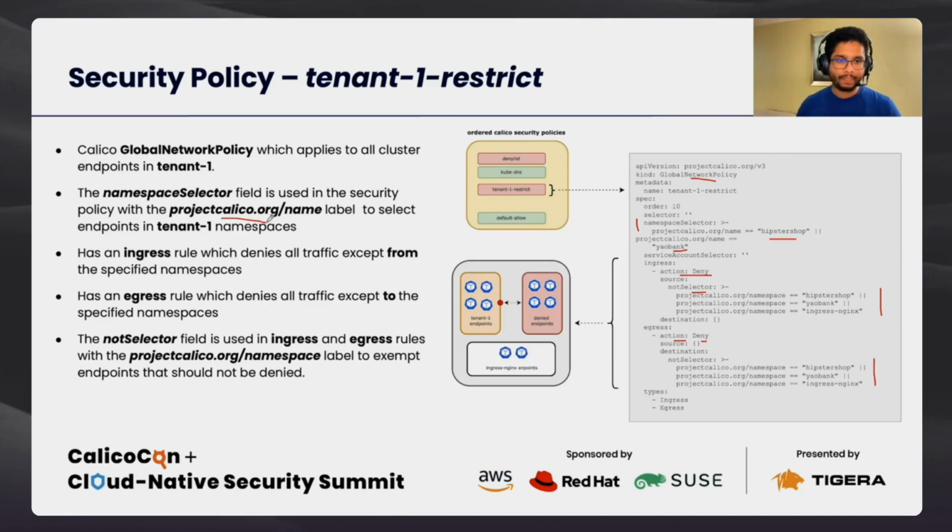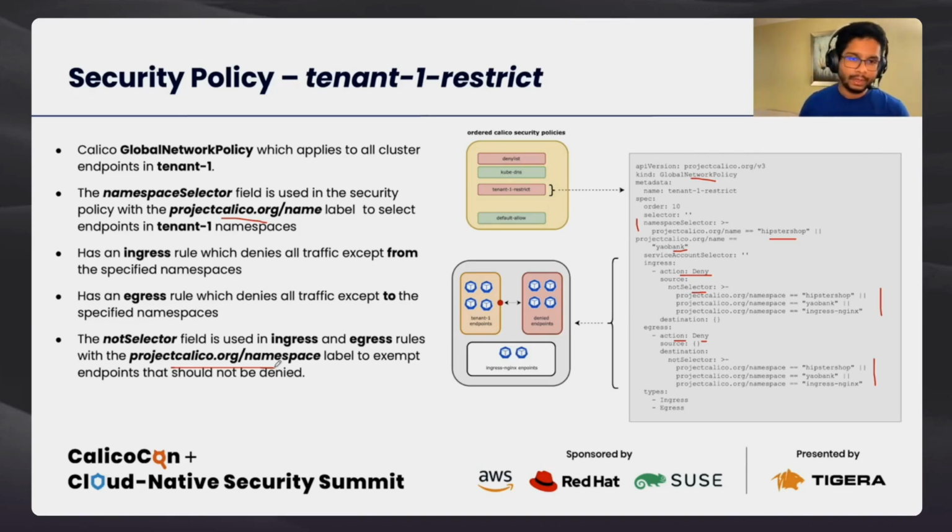Okay. Now, the projectcalico.org name label is something that can be used to specify or select endpoints. It's a label that Calico associates with an endpoint, and the value of the label is the name of the namespace that endpoint belongs to.